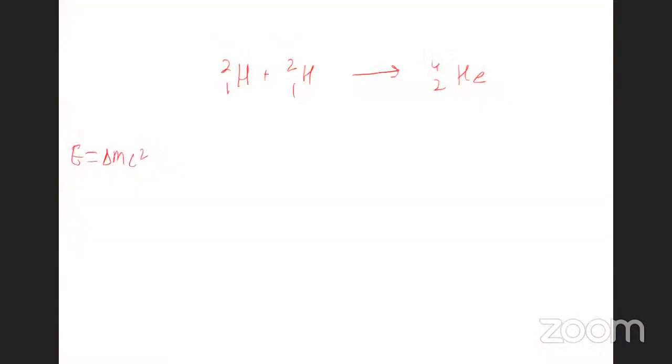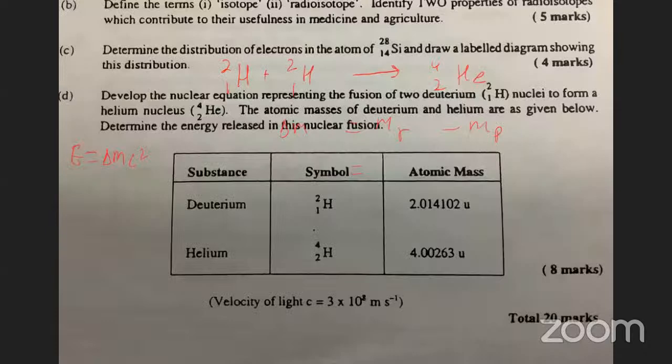How do you find delta M again? How do you find delta M, Jaden? Add up the mass of the reactants and minus the mass of the products. So mass of the reactants minus mass of the products. Right?